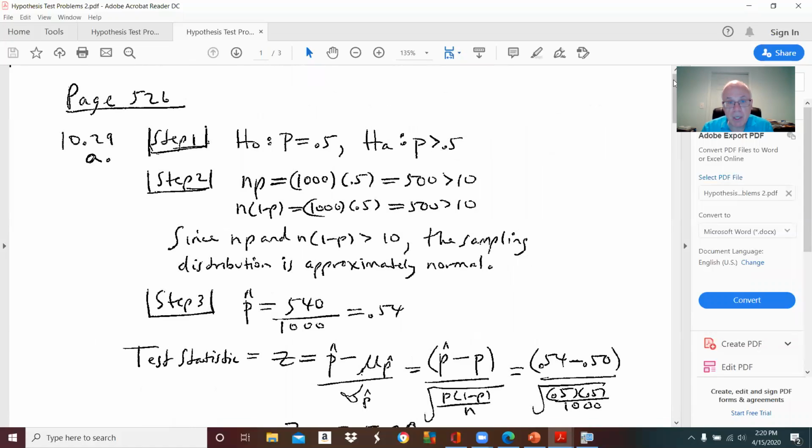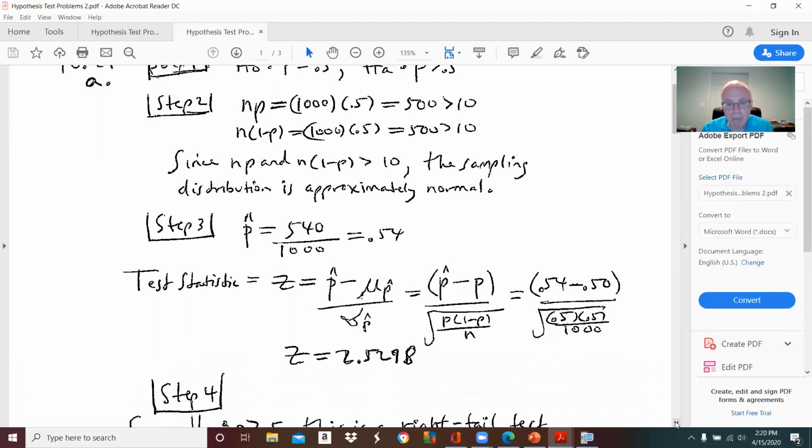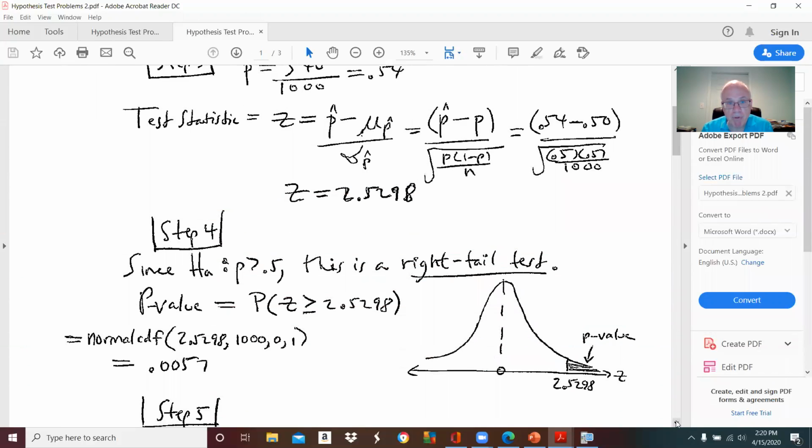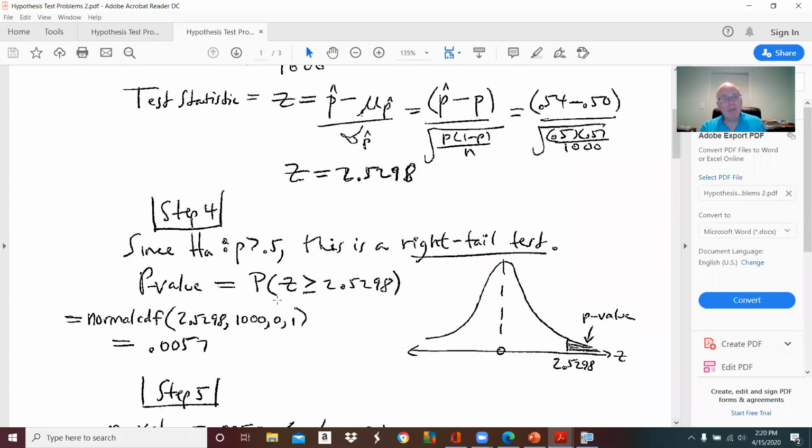Now, since this is a greater than problem, we're going to use a right tail test. That's going to be step number 4, where we do our actual test, that is, calculate the p-value. So we have our test statistic now. That's step number 3. Step number 4 is we're going to plot that test statistic on a standard normal curve. It's a right tail test, so it's going to be the right tail.